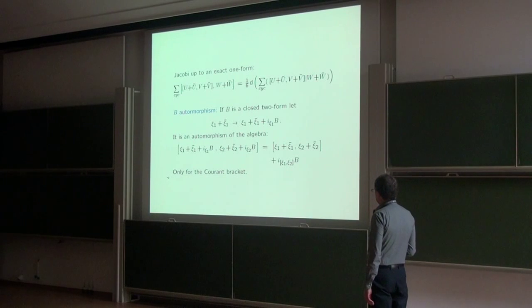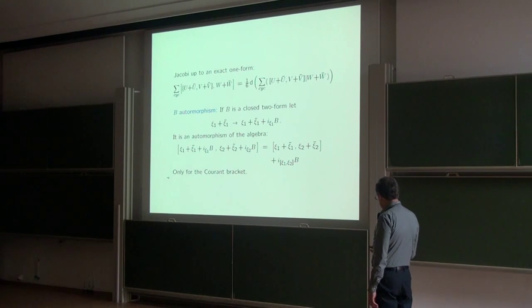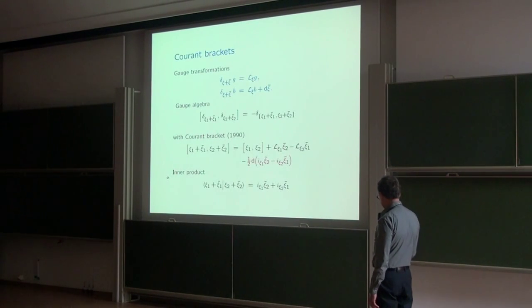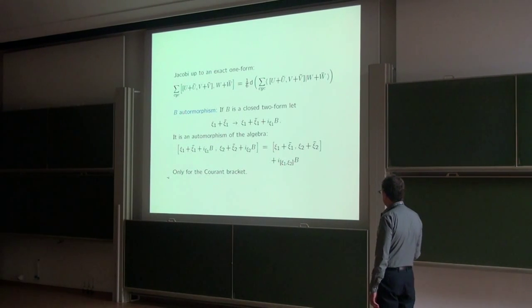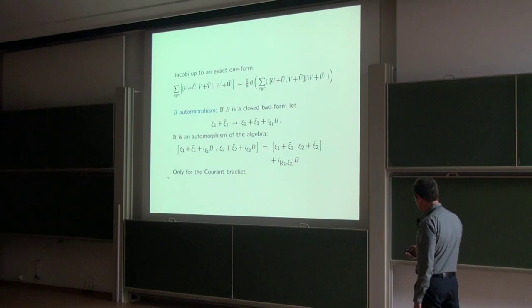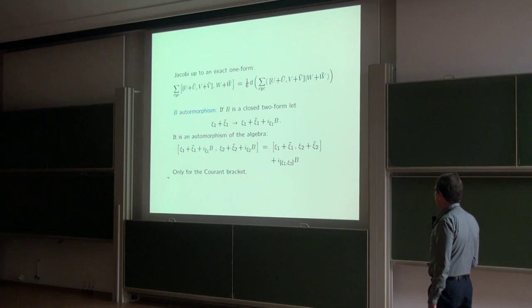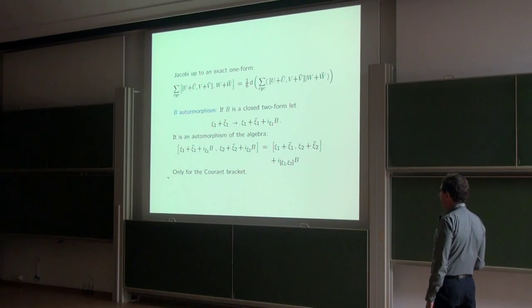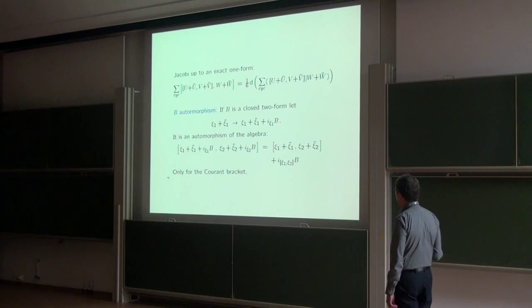So, as I mentioned, the choice that Courant made for this coefficient here is the unique one for which the algebra has an automorphism. The automorphism is constructed using a closed two form, B, and changes every element of the algebra by adding to the element a one form constructed by contracting the vector with a closed two form.